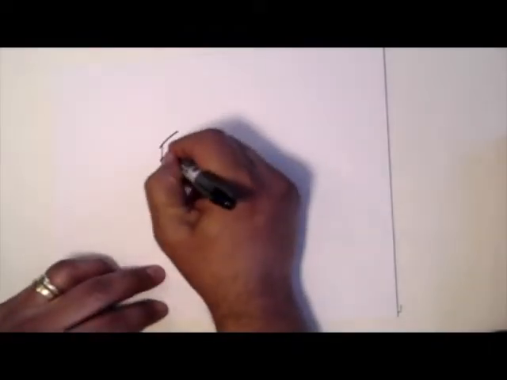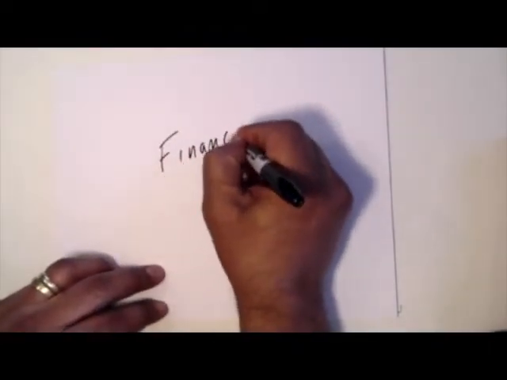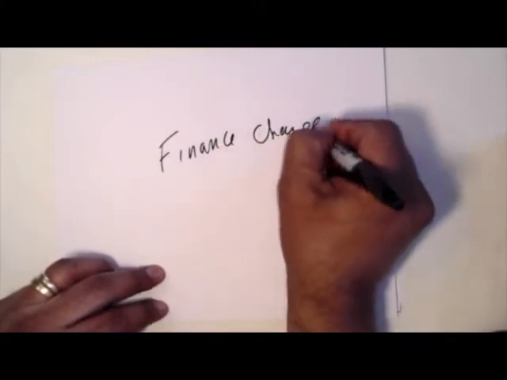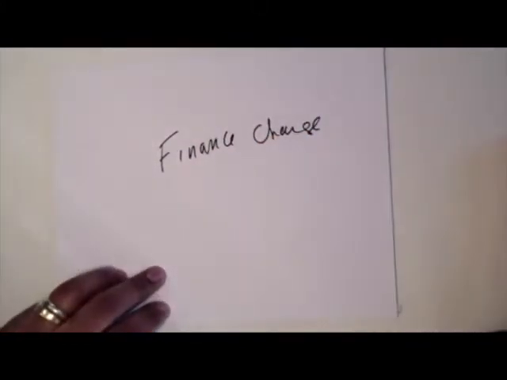Now, of course, the financial institution will charge you what is called a finance charge. That is the total amount of money that the person who borrows must pay for borrowing that money.